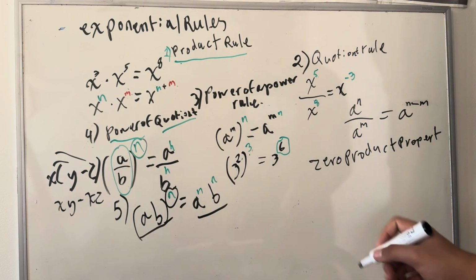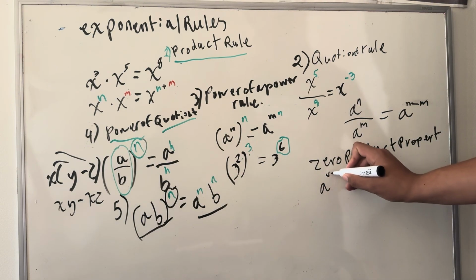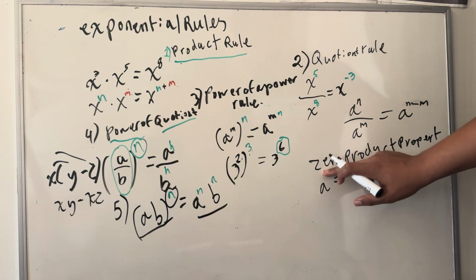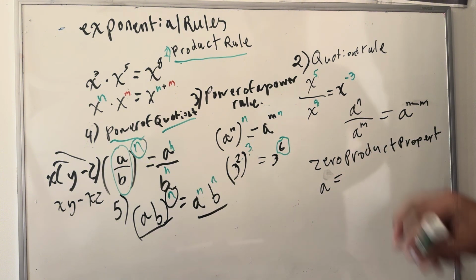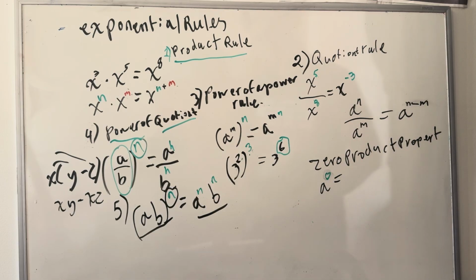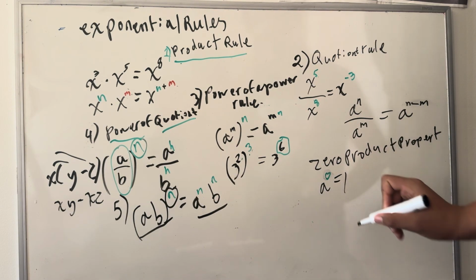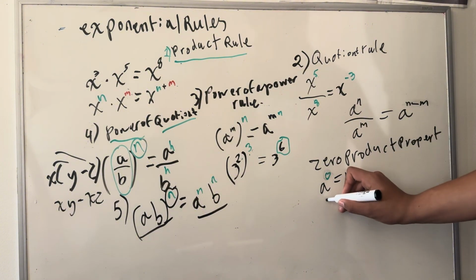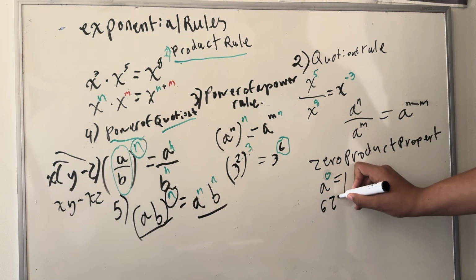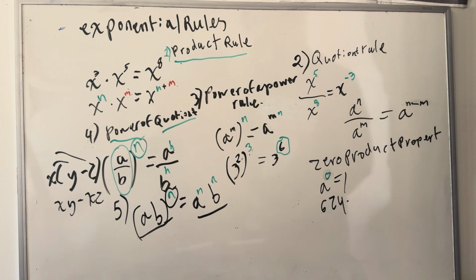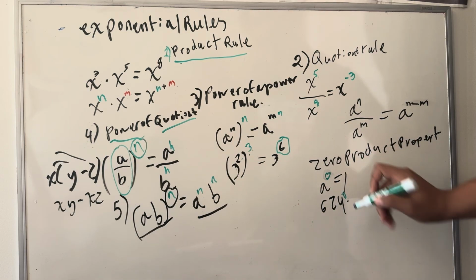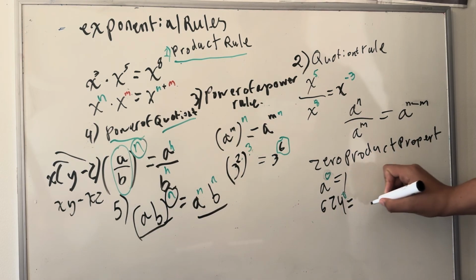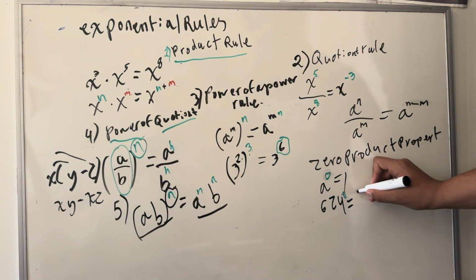And this one just says anything to the power of 0 is equal to 1. Say I have 674 to the power of 0. That just equals, drum roll please, 1.